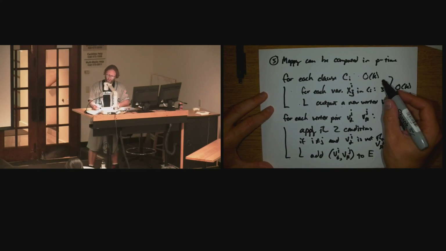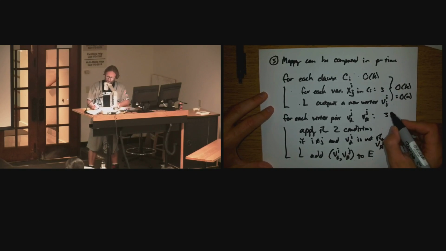Well, if you've got 3k vertices, then this is 3k choose 2. That's going to be order n squared.